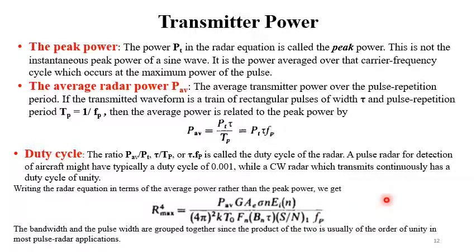The bandwidth and the pulse width are grouped together since the product of the two is usually of the order of unity in most pulse radar applications.